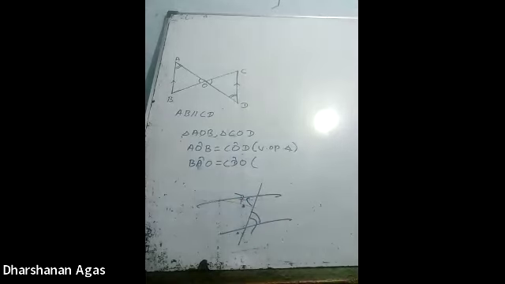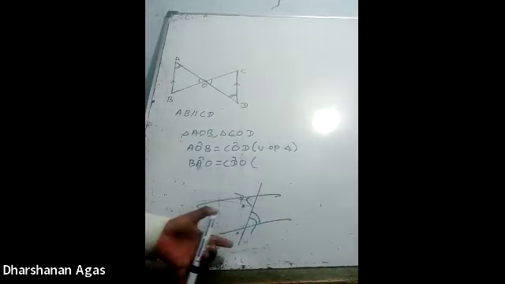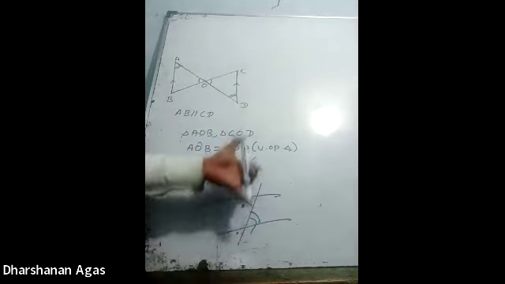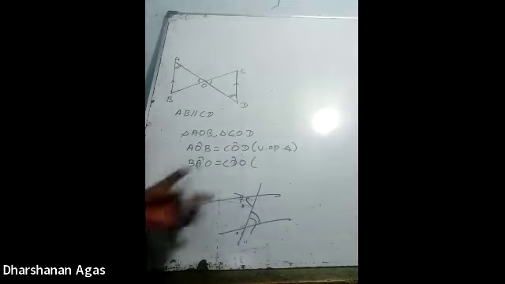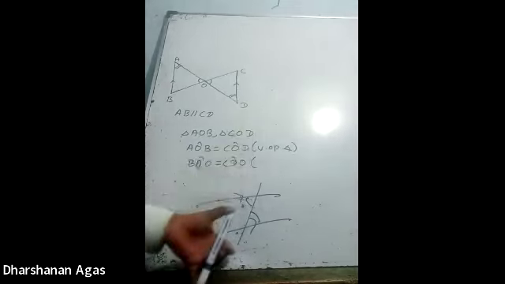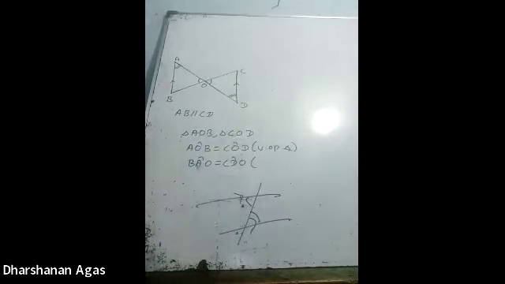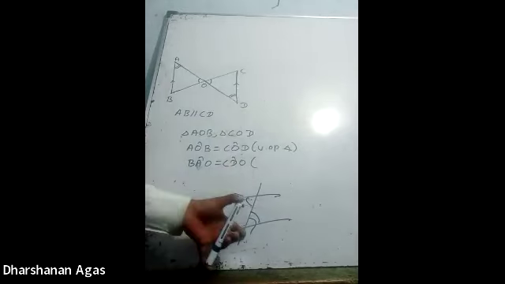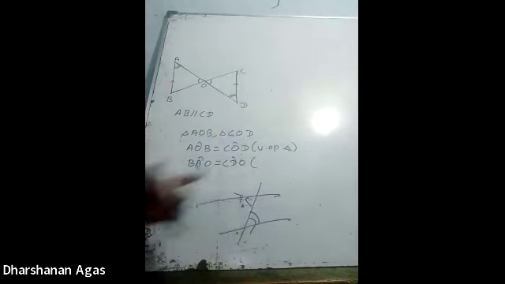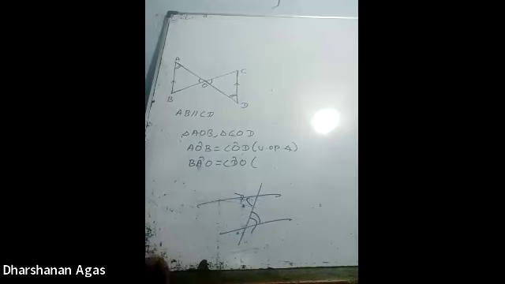Everything is possible when there is a transversal, meaning a line intersecting two parallel lines. That straight line intersecting between two parallel lines is called a transversal. These things you studied in grade 9.